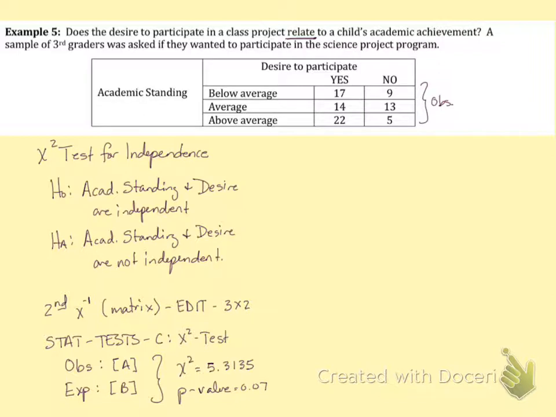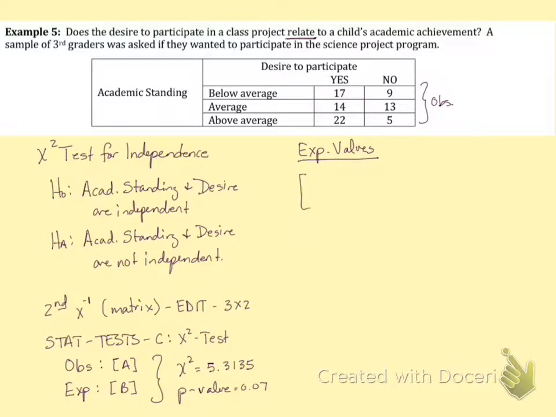Now, sometimes you'll be asked to report the expected values. To find those, go back to matrix, so that's second x inverse, and go to edit again, and then go down to B. And you will see the values are already filled in for you.